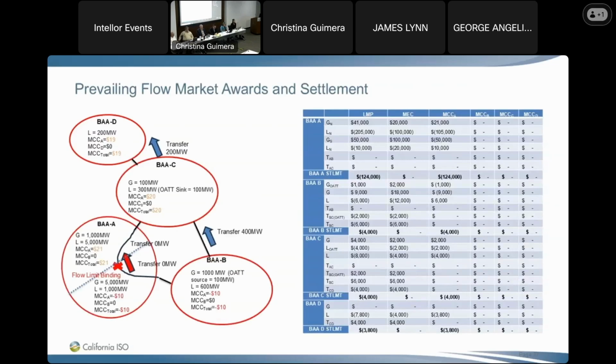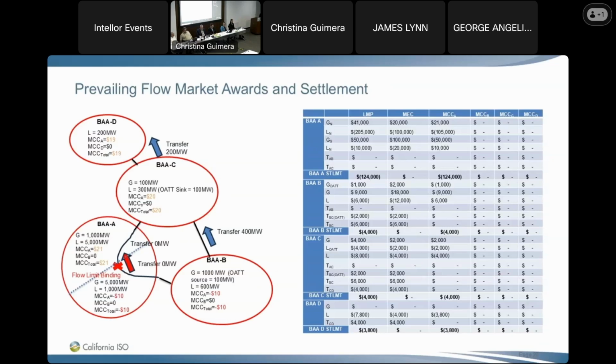So of the $135,800, I'd have $124,000 in BAA, $4,000 BAB, $4,000 BAC, $3,800 BAD. Now we've moved off of that, and that was going too far because we're giving all of the congestion back to the BA where it materialized.